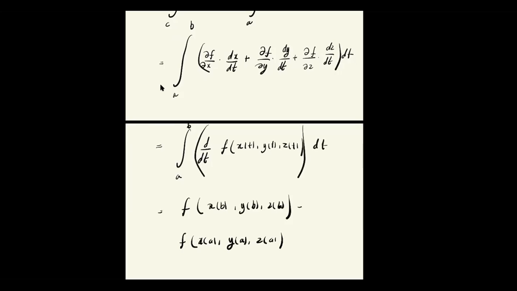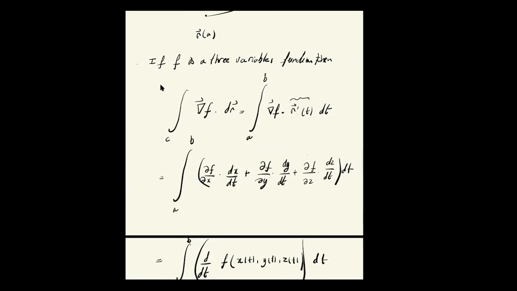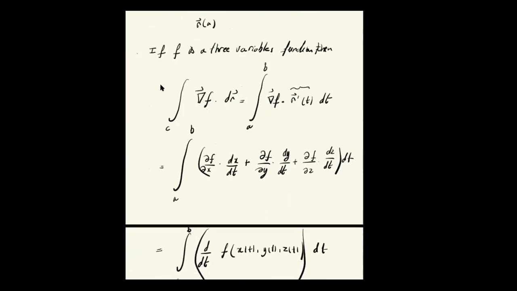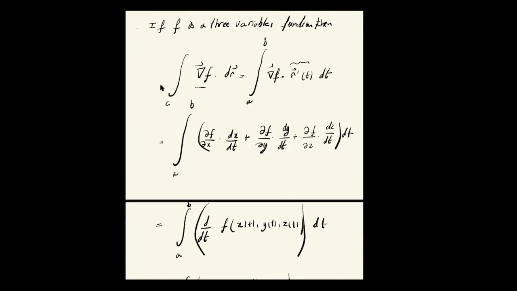Same thing as writing f evaluated at the point r(b) minus f evaluated at the point r(a). So as we were saying for 2D, it doesn't depend on the curve, because it's the gradient of a function.